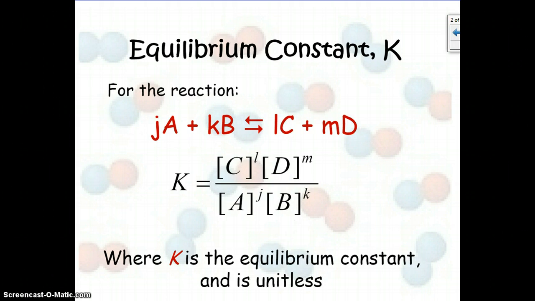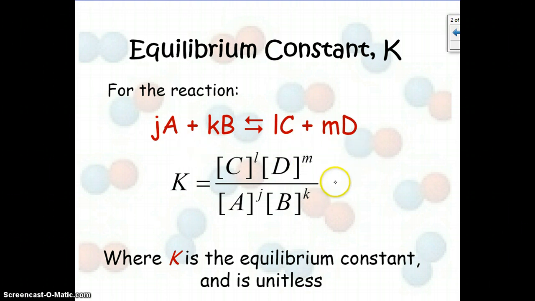All right, to calculate the equilibrium constant K, you need to understand the following. If you had a reaction jA plus kB in equilibrium with lC plus mD, where j, k, l, and m are the coefficients and A, B, C, and D are the reactants and products, this is how you would set it up.